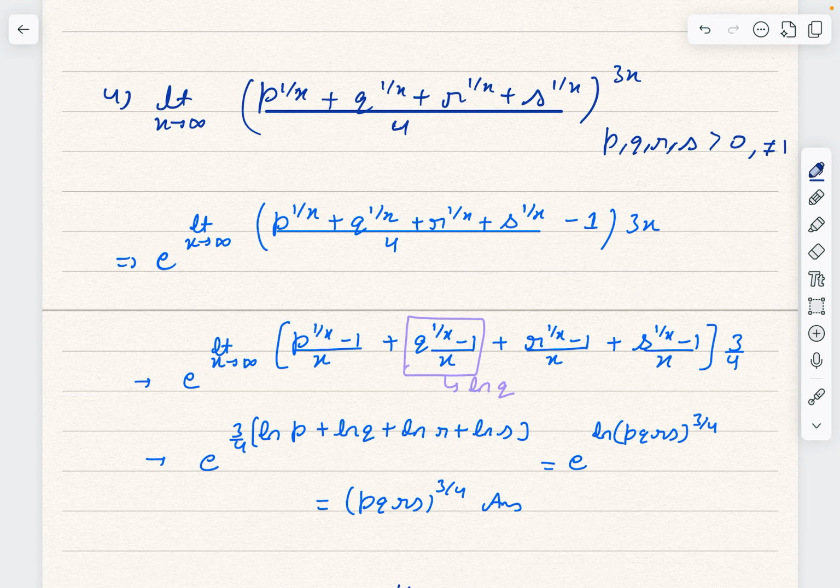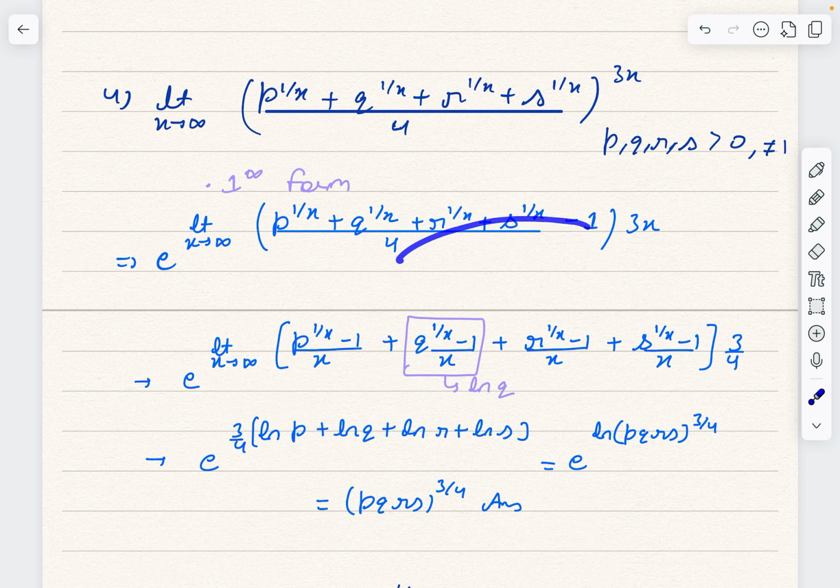When you put x as infinity, what you will get here? You get p power 0, which will be 1, 1, 1, 1. So 4 by 4 will be 1, and this will be infinity. So use the formula e power limit x tend to infinity of (f(x) minus 1) into g(x).